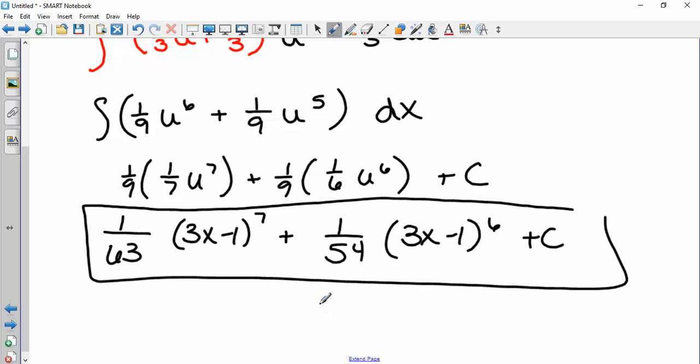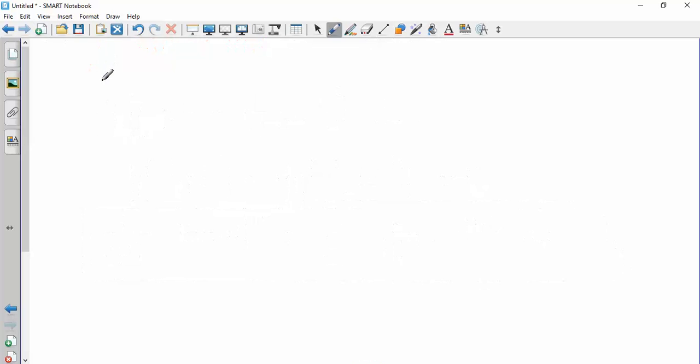Let's try one more along those lines to make sure we're okay with that. So our last example, if I want to integrate from -4 to 4 of x times the square root of x plus 5 dx.